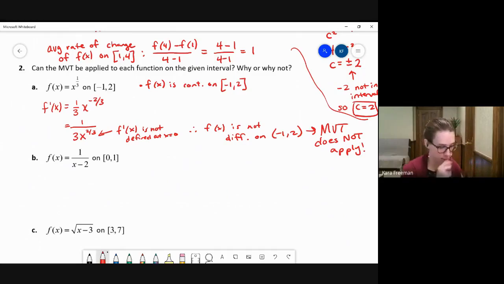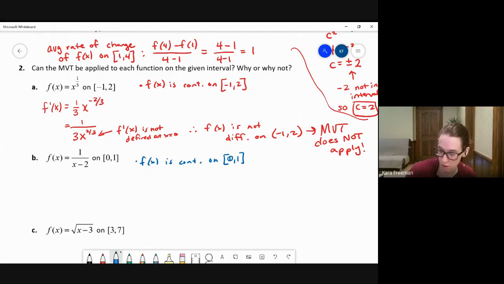All right, on B, is my function discontinuous on the interval? So yeah, it is continuous on the interval. The only place it's not continuous would be at 2. 2 is not in my interval, so f of x is continuous on the interval from 0 to 1.